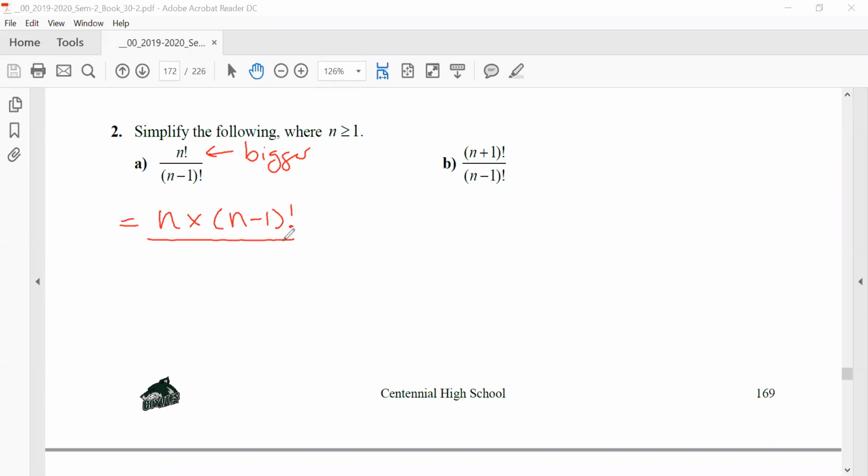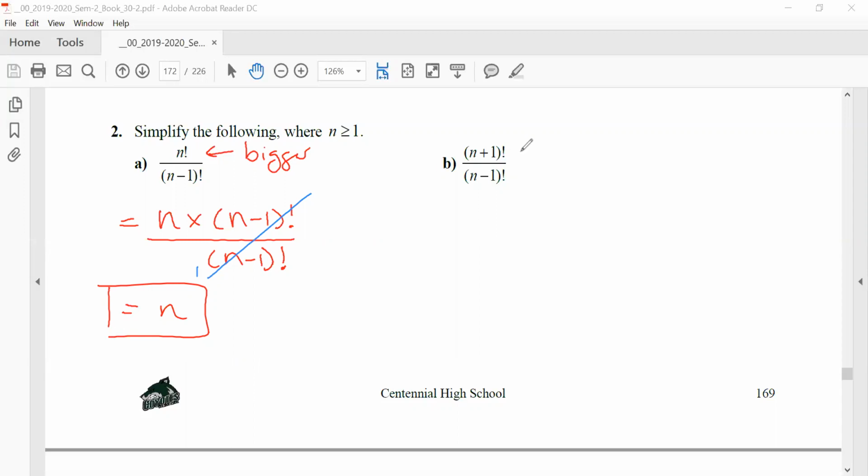The reason I stop right there is, what do I see in my denominator? N minus 1 factorial. These two things divide to 1. So what am I left with? Just n. Okay, so I'm expanding the bigger. Expand the bigger until I see the smaller.